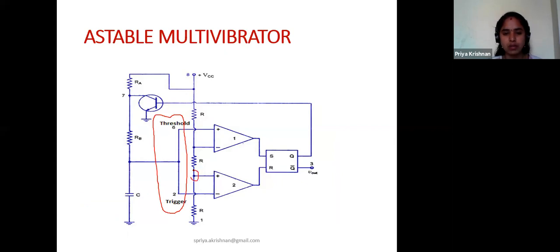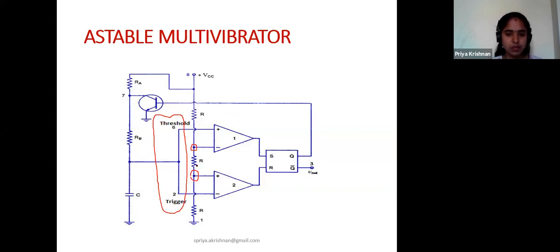This point is 1 by 3 VCC and this point is 2 by 3 VCC. The other 2 points of the comparators are tied together. That is the only change we make for the discussion of the astable multivibrator. All other things are almost the same.